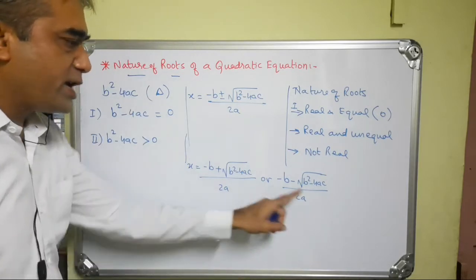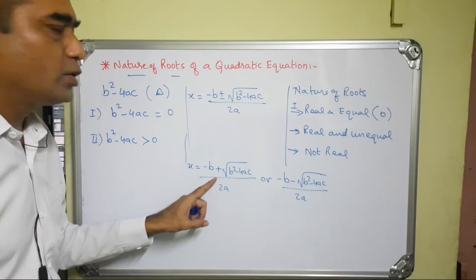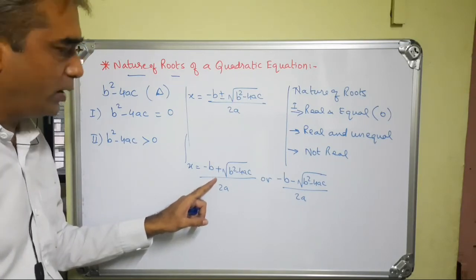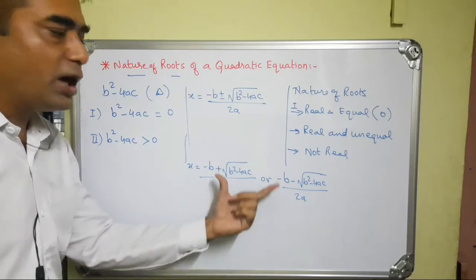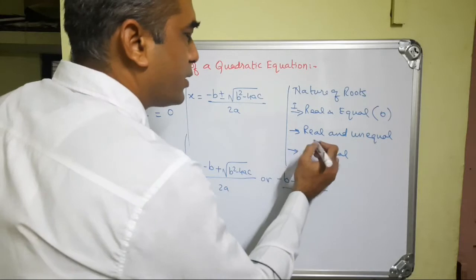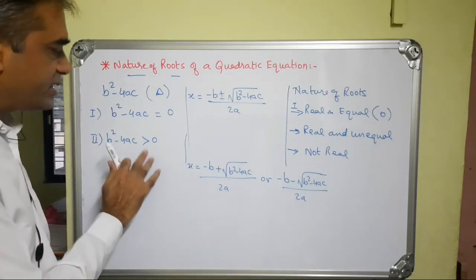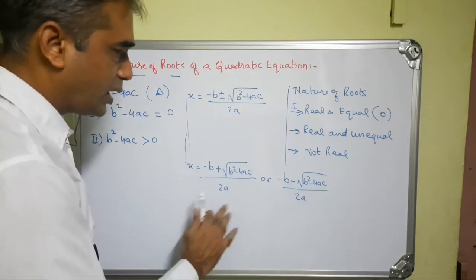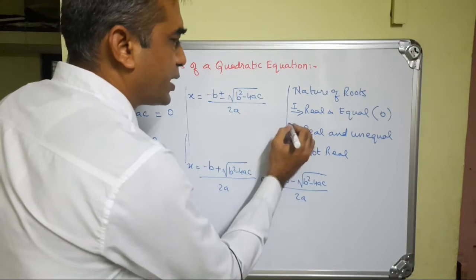Again the roots here are real, but those roots are not equal, because here there is addition and there is subtraction. So if delta is greater than 0, the roots are real but not equal. This is the second case.